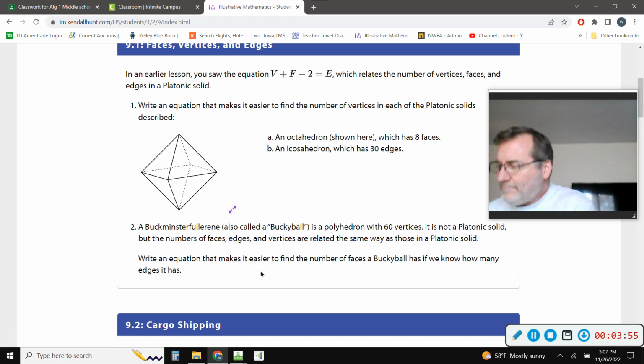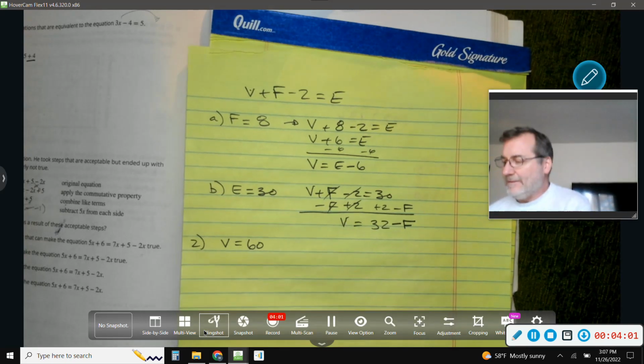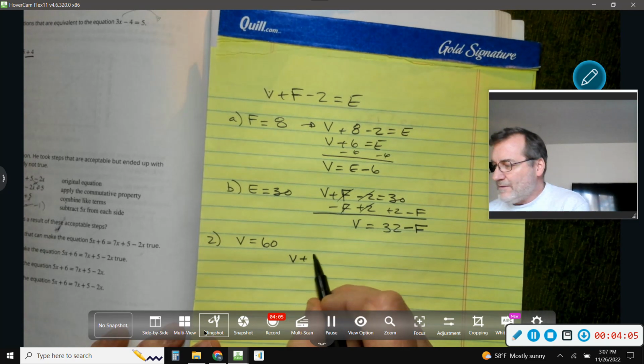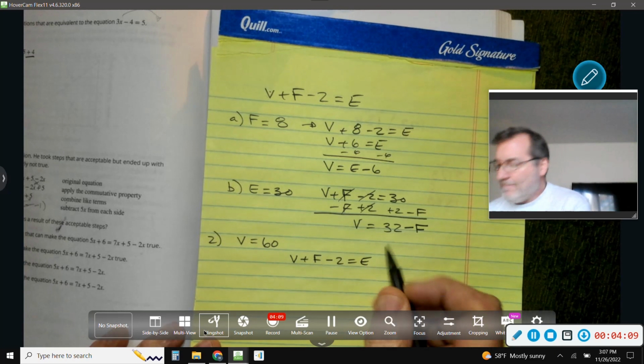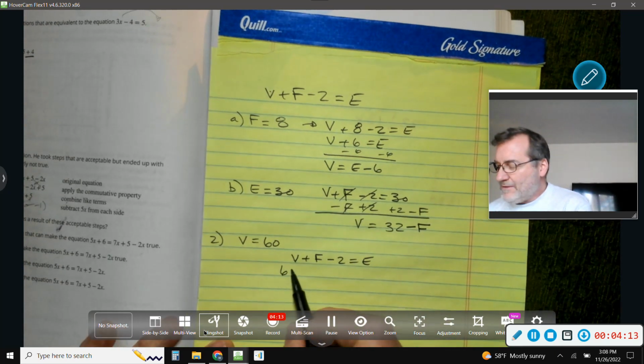We can still use our regular old equation there: V plus F minus 2 equals E. In this particular one, we know that the vertices are going to be 60.